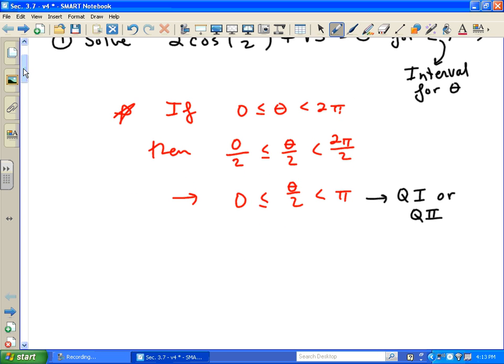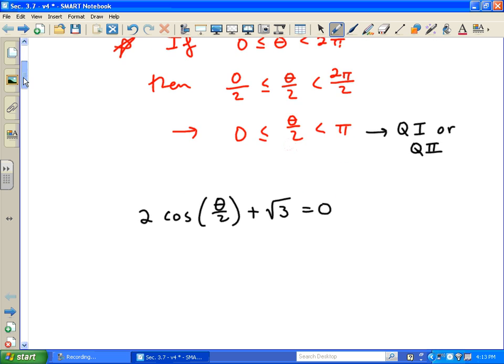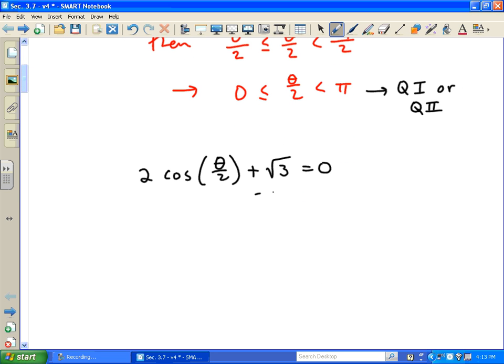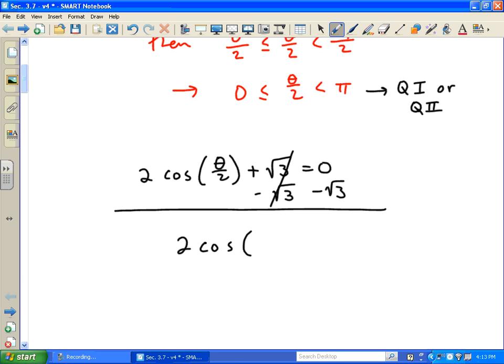I'm going to copy down the original. You have 2 cosine of theta over 2 plus the square root of 3 equals 0. We're going to subtract the square root of 3. So we're left with 2 cosine of theta over 2 equals negative square root of 3. I can divide out the constant that's in the front of the cosine.